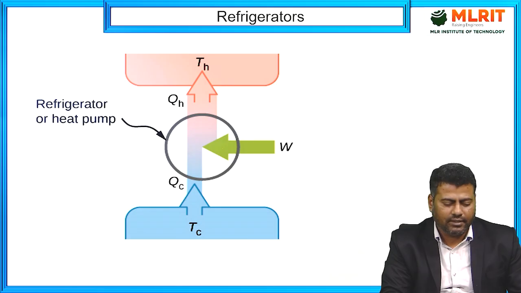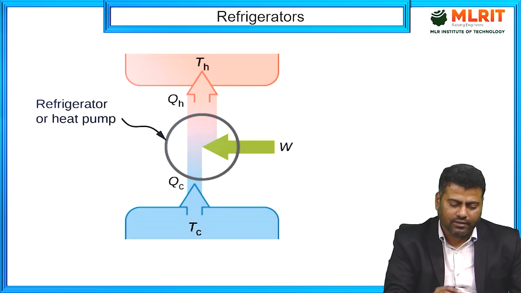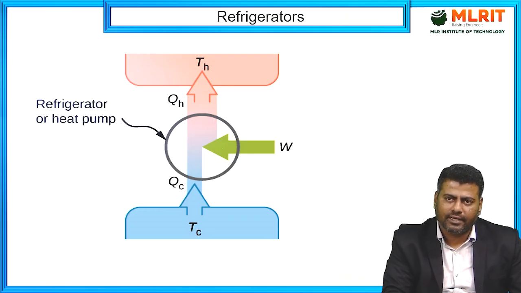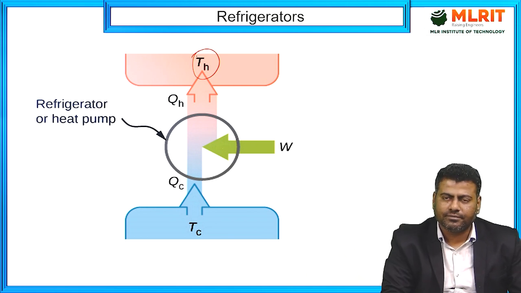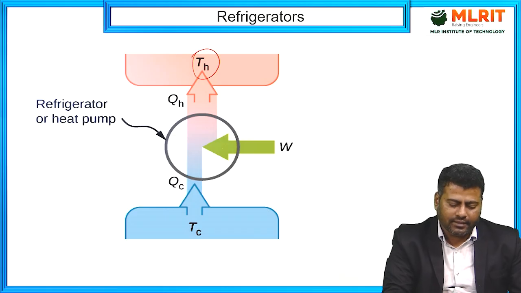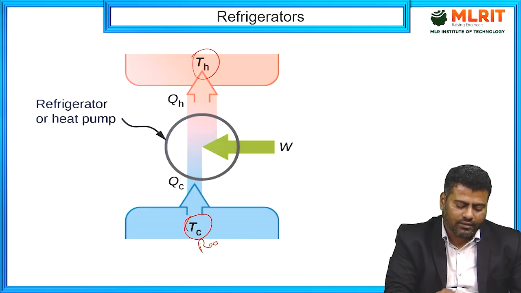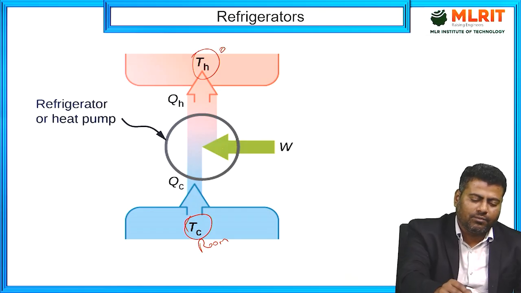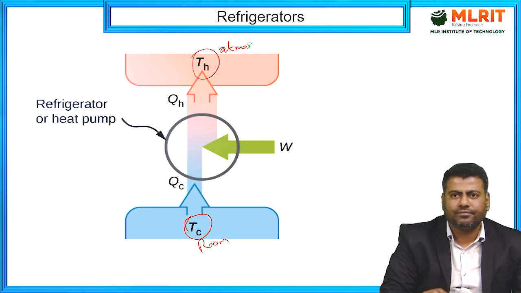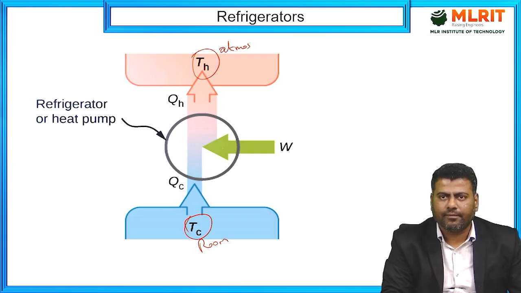See here, this is TC. For the refrigerator and heat pump, we have the same diagram. But in the heat pump, the TH I assumed as room temperature, the space provided. Whereas here, TC is the room, the space provided, and TH is the atmosphere, the surrounding.